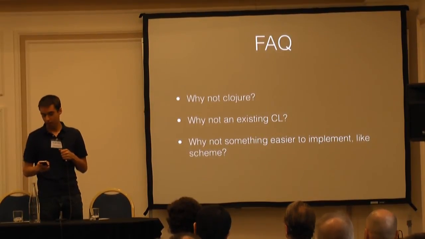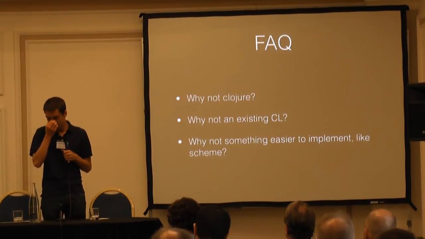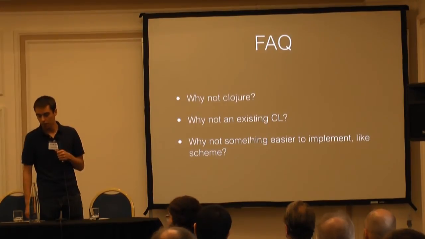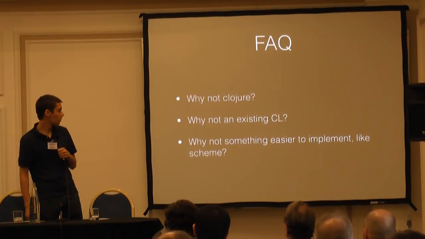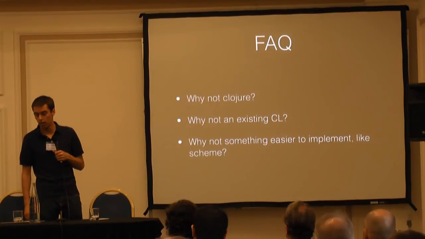First of all, why not Clojure? So partly for the reasons I just talked about, portability and so on, I thought was significant. I was concerned that Clojure libraries might be too Java dependent. Also just the JVM orientation of Clojure in general didn't seem like a good fit.